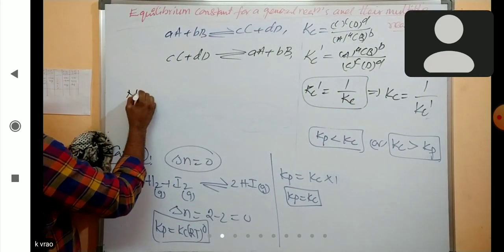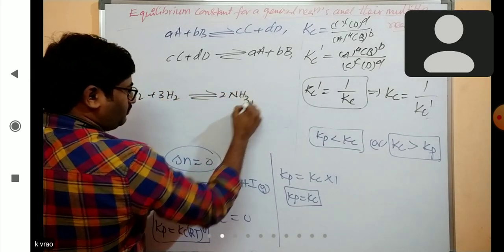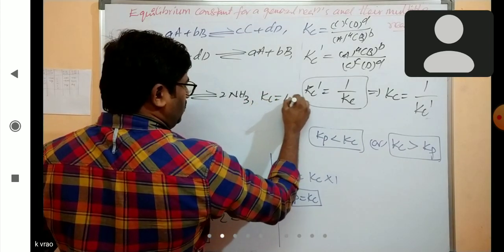N2 plus 3H2 gives 2NH3. Kc of this reaction is equal to 49.